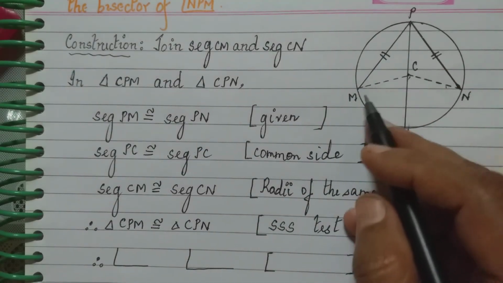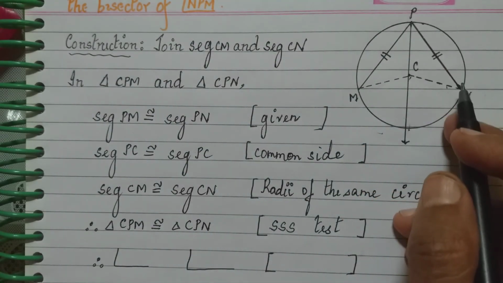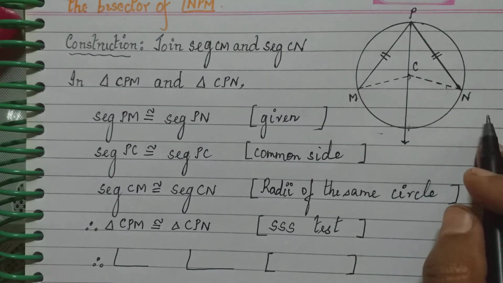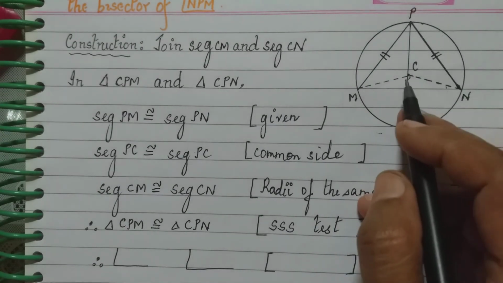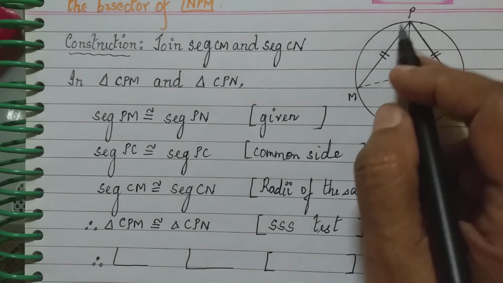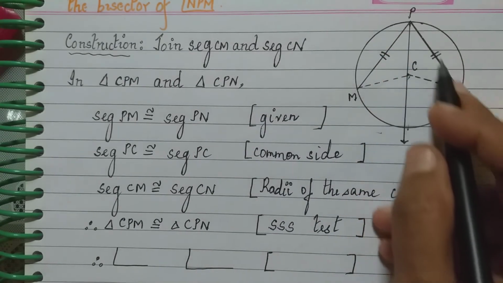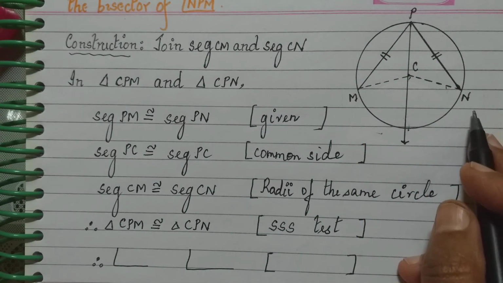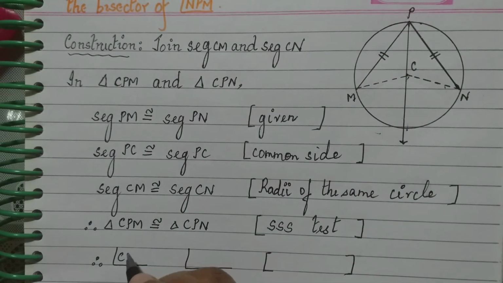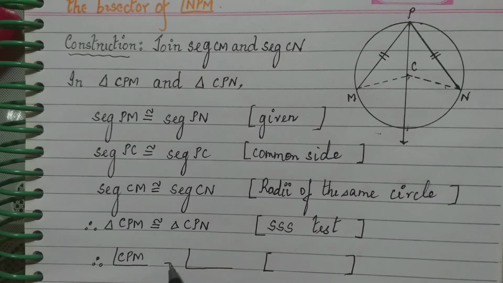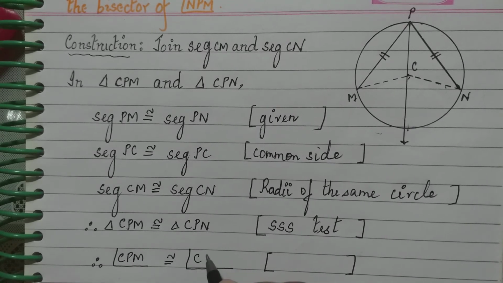I told you initially, when explaining this sum, that if we prove that these two triangles are congruent, then we can say that angle CPM is equal to angle CPN. So we write angle CPM is congruent to angle CPN. And how are they congruent?